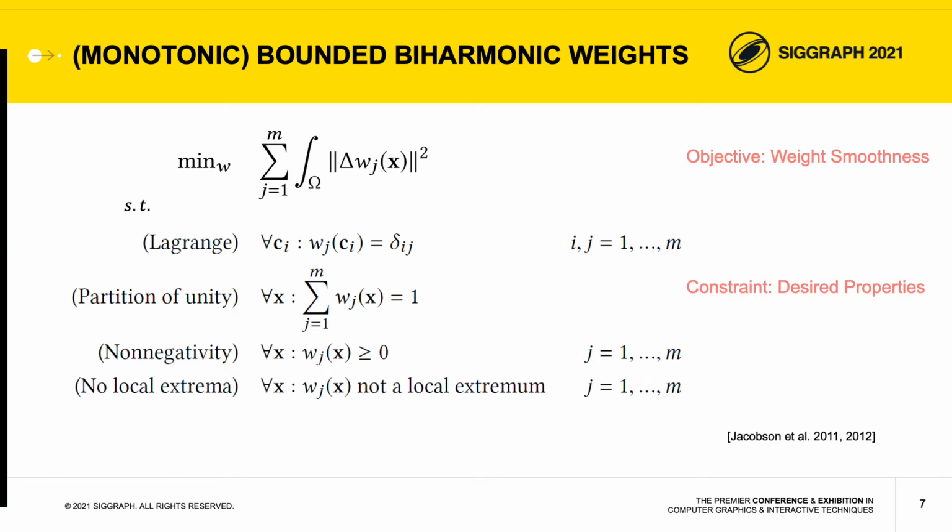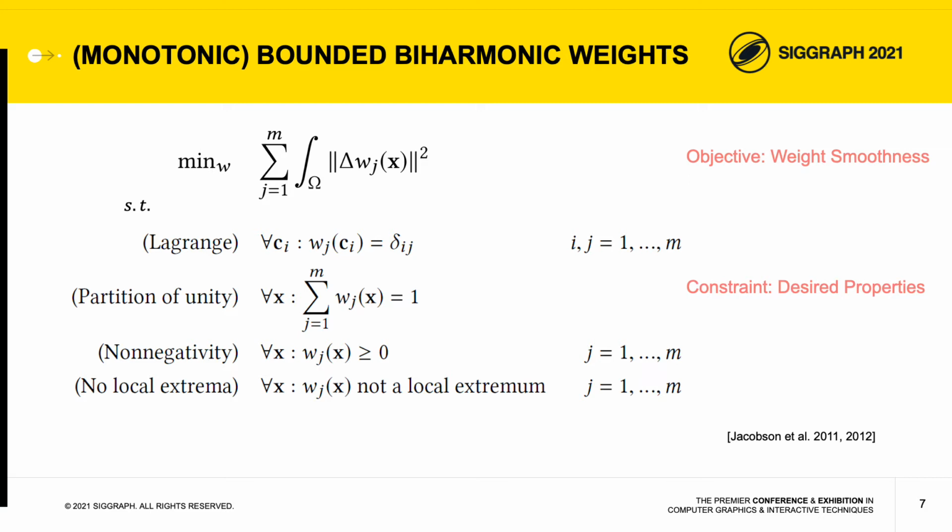The famous bounded biharmonic weights put all these desired properties as constraints in an optimization problem, and put another important property, weight smoothness, in the objective function. So it searches for the smoothest weights as measured by the Laplacian energy under the constraints that all these properties hold.